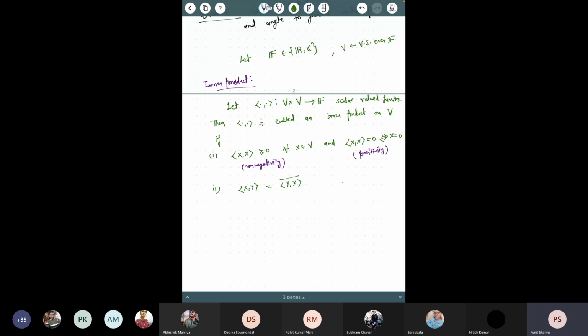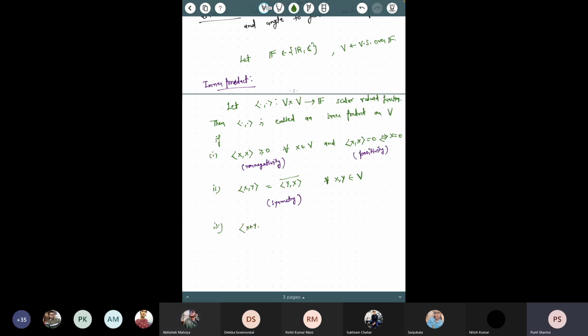So you can say the inner product of x with y is the same as the inner product of y with x conjugate, and this is true for all x, y in V. This property is called conjugate symmetry, or symmetry.